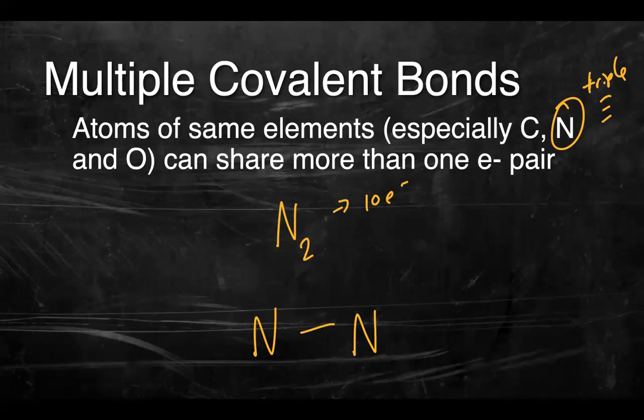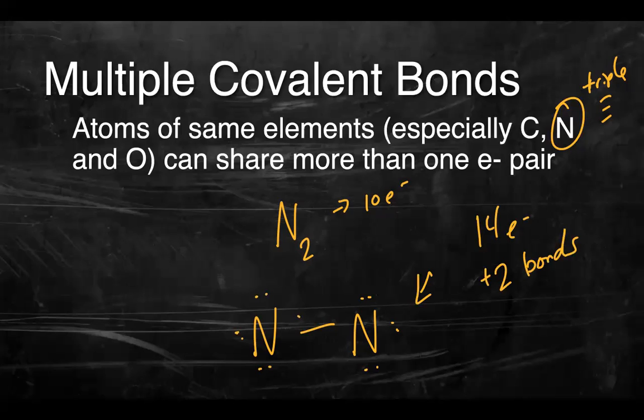If I do a single bond and fill the octets, that's 2, 4, 6, 8, 10, 12, 14. If I need 14 electrons for this structure, that means I need 2 more bonds, which means I need 1 here and 1 here, which means I erase those. So it's 2, 4, 6, 8, 10.